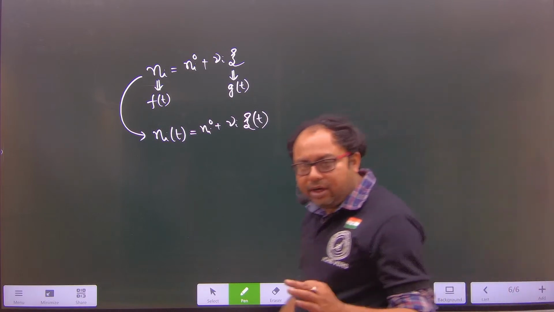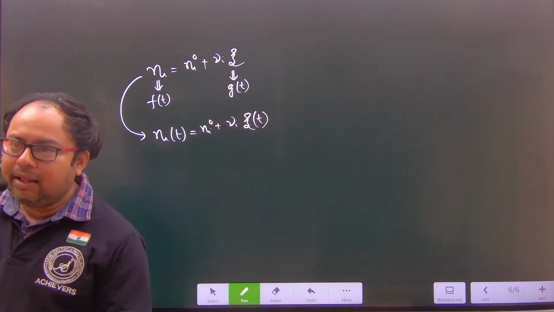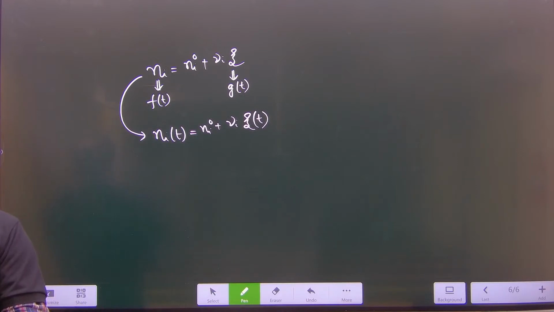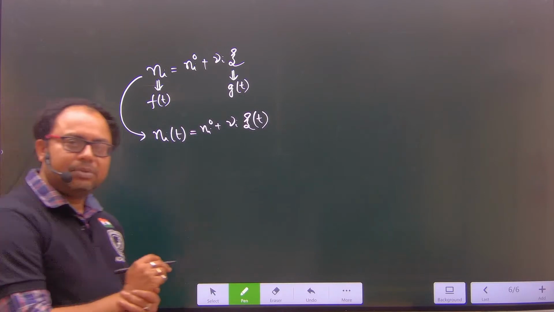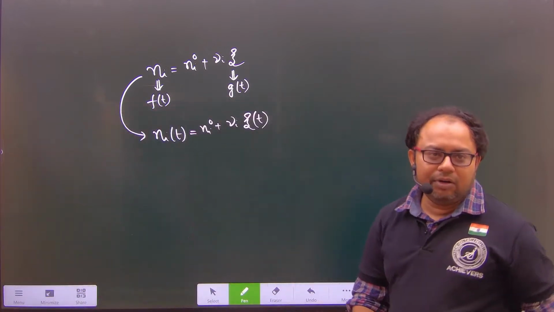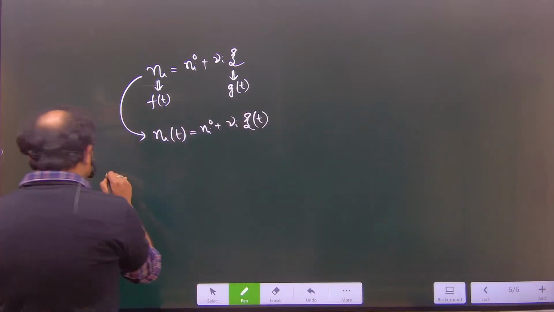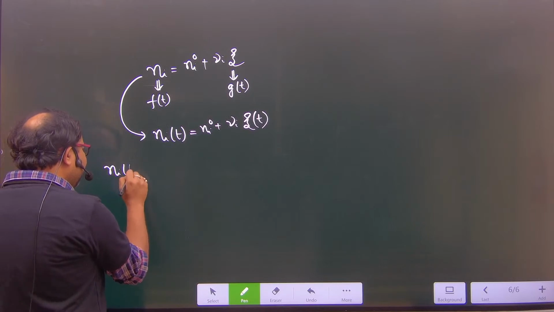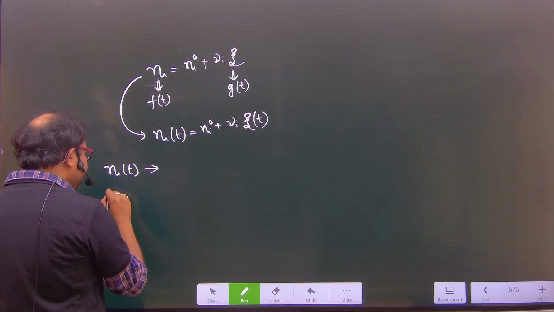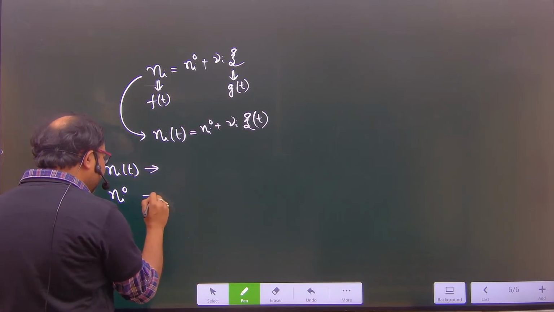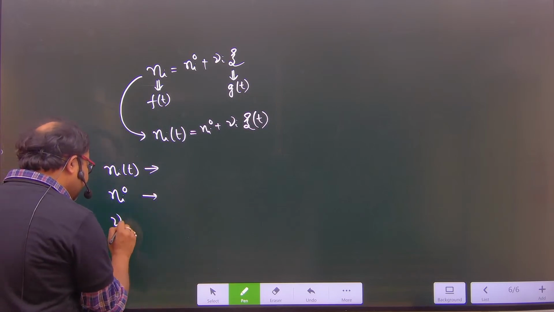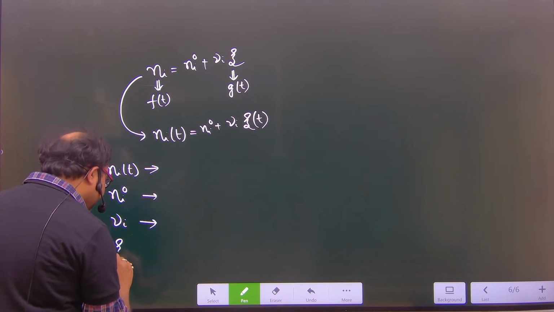Now, students, you need to know the meaning of the terms. This is very important. So at first, what is the meaning of Ni(t), then Ni0, then nu i, then Xi?